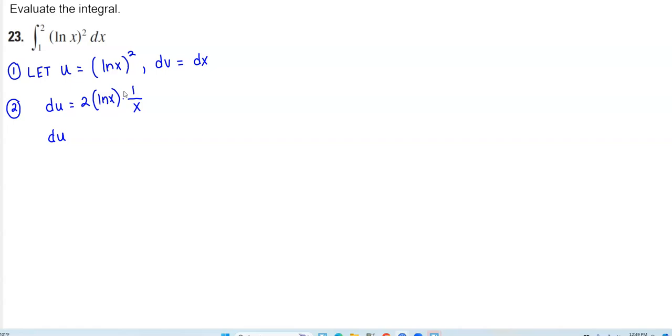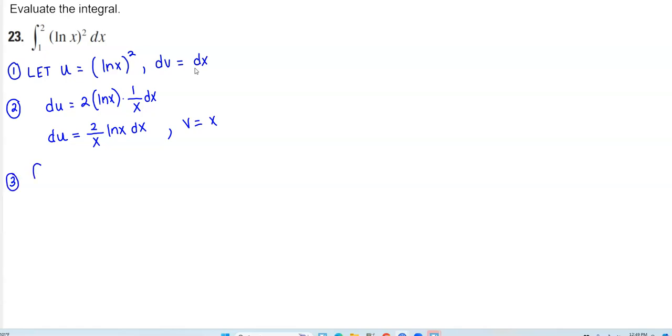So therefore, du is going to equal 2 over x times the natural log of x dx. And then v is going to equal x when we take the antiderivative of 1.